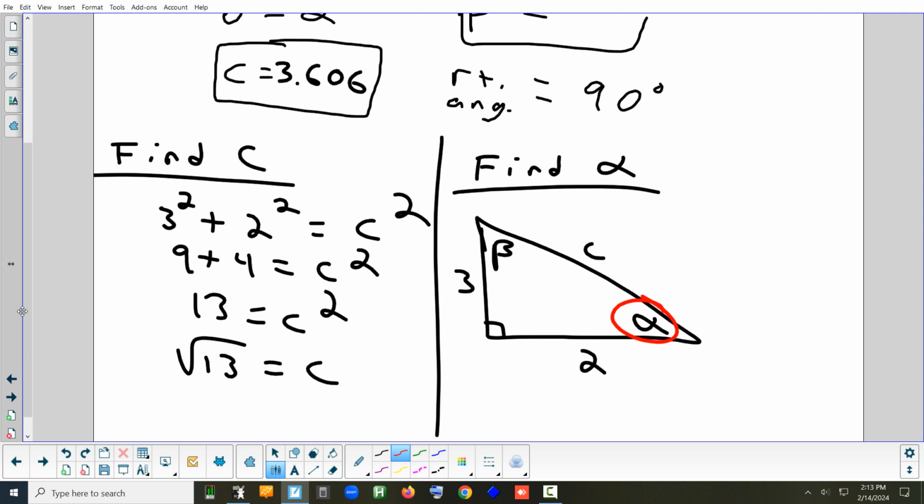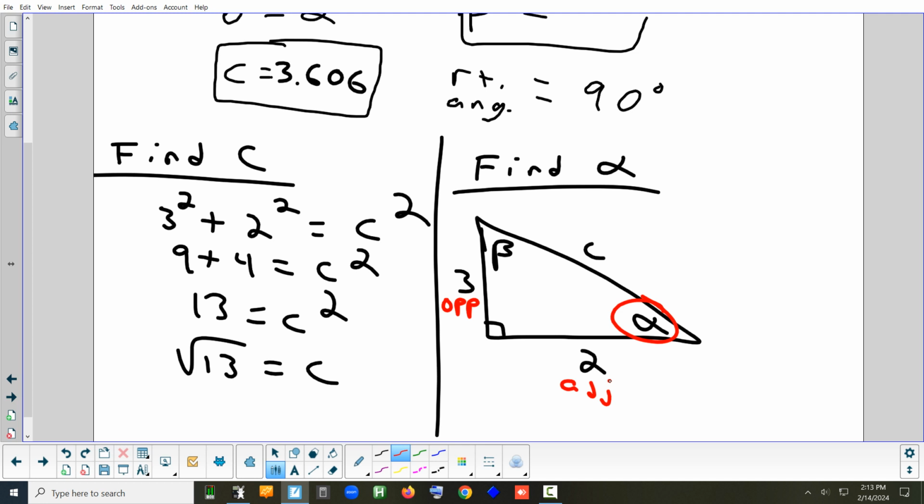What position is the side that's 3 units long relative to alpha? Opposite, sorry, not adjacent. And what's the side that's 2 units long? Adjacent. I think everything I put on the board so far is right.